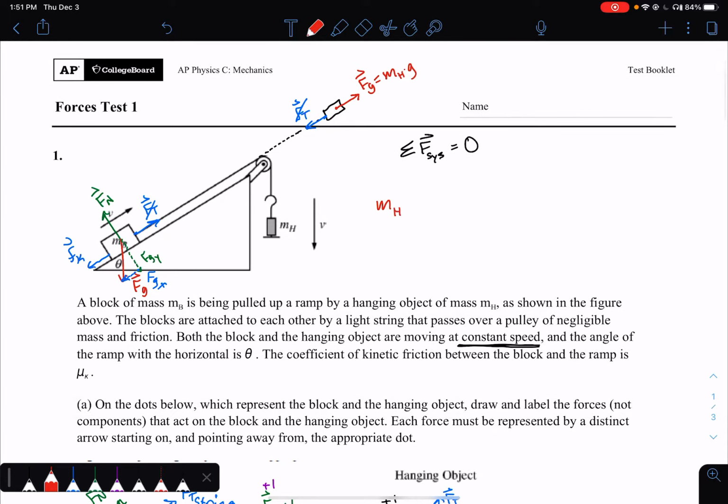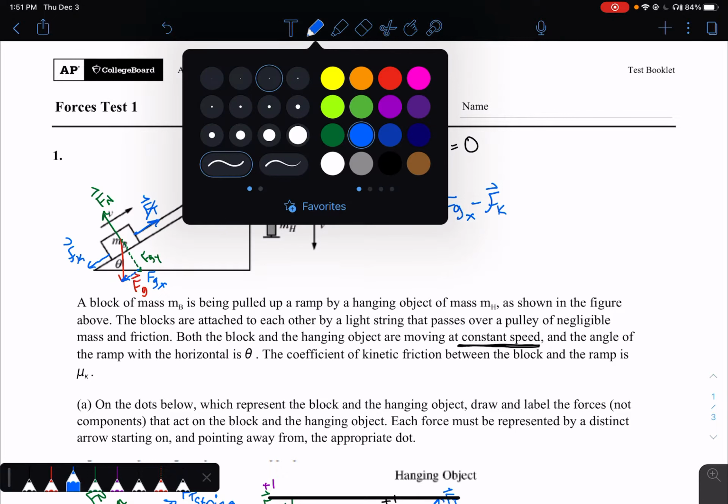So m_H g, I'm going to take this way to be positive and this way to be negative. m_H g is the only force I have pulling up the ramp, minus all of the forces that are pulling down the ramp: F_gx for that block and the force due to friction.